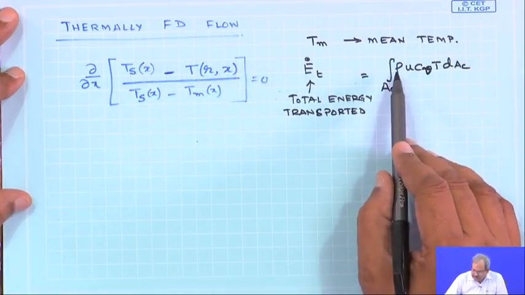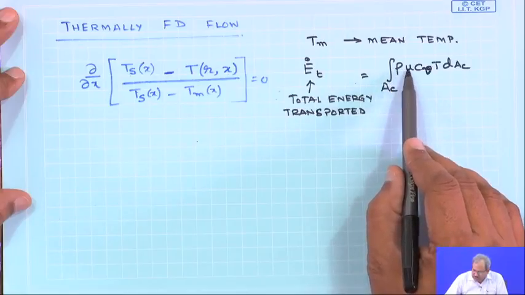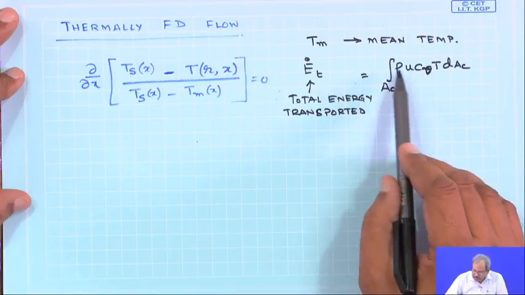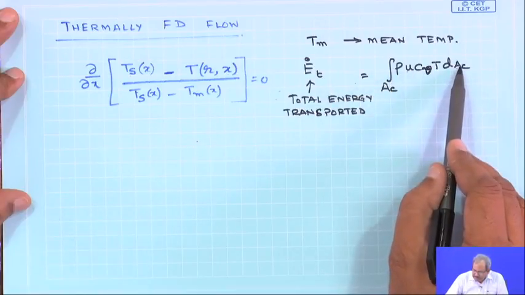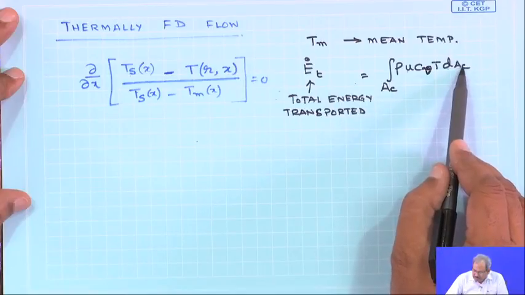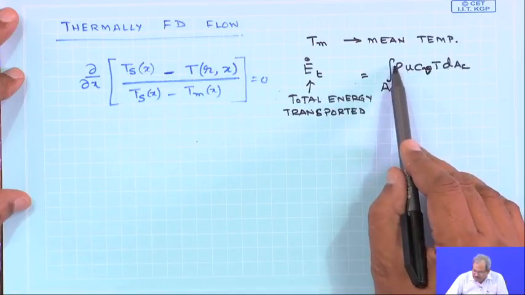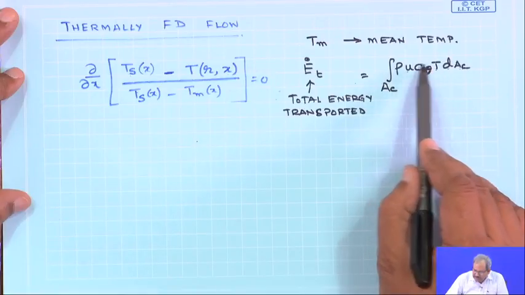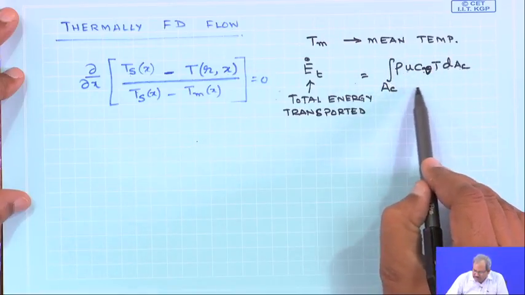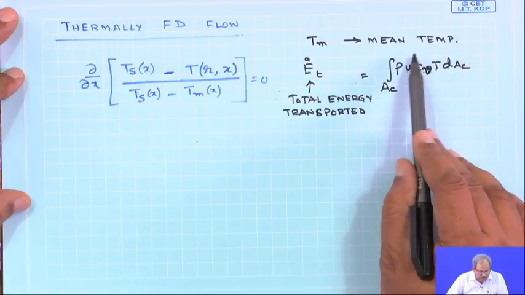If you look at this clearly, ρ times u would give you the mass flow rate per unit area, integrating it over the entire area. So, this is ṁ Cv T, where T is the temperature. So, this is the total energy content of the flowing fluid.